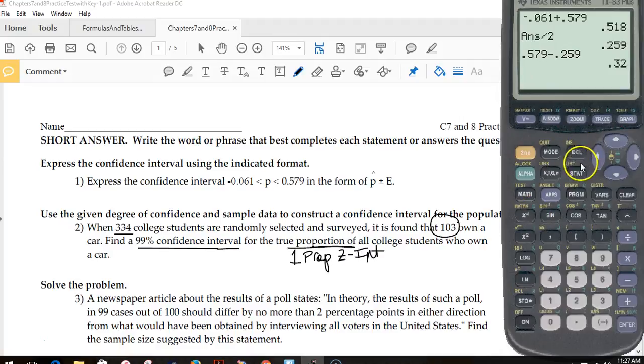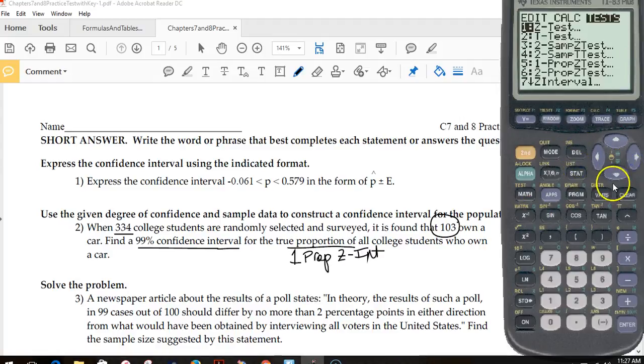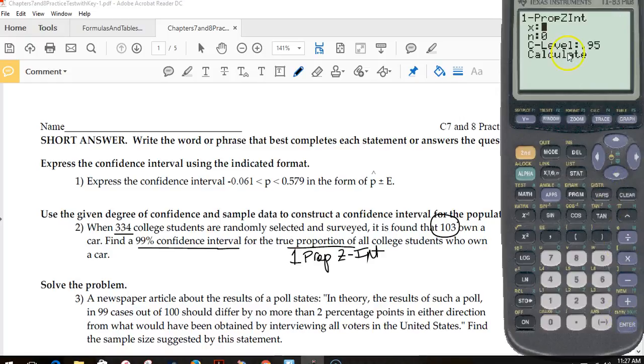To get to that on my calculator, I'll go to stat, over to tests, and I'm going to scroll down till I see 1-PropZInt because I'm looking for an interval. X is the number of people that give you the answer that you're looking to measure. In this case, we're looking to see how many own a car, so that's 103. N is the number of people that you spoke to, it's 334. That C level is your confidence level.